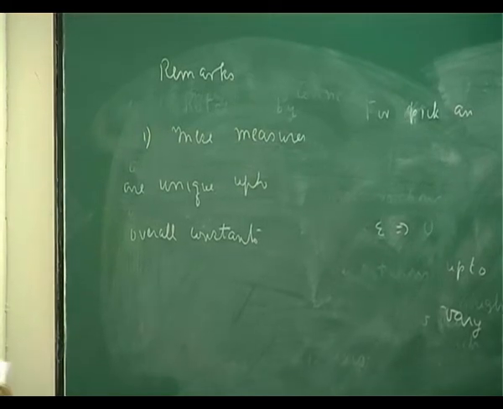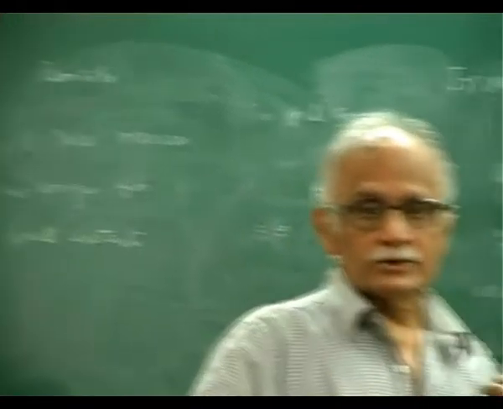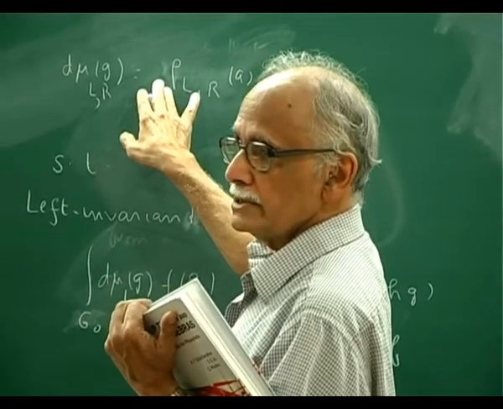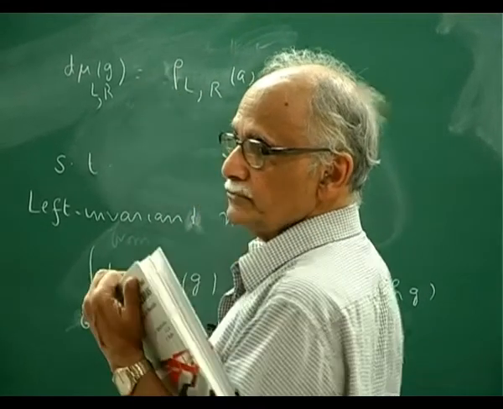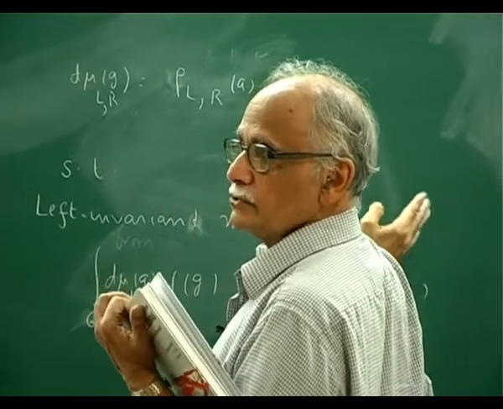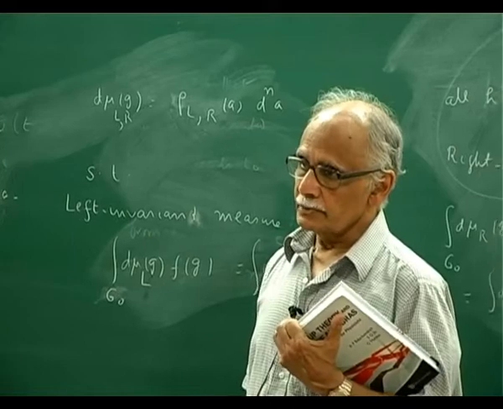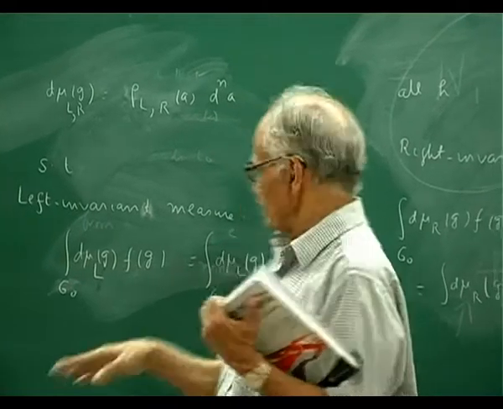The reason is that if you try writing anything else, you can only multiply by some function on the group. But then if you apply the invariance property, you will end up proving that what you put here is a constant on the group. Okay. By using this formula.